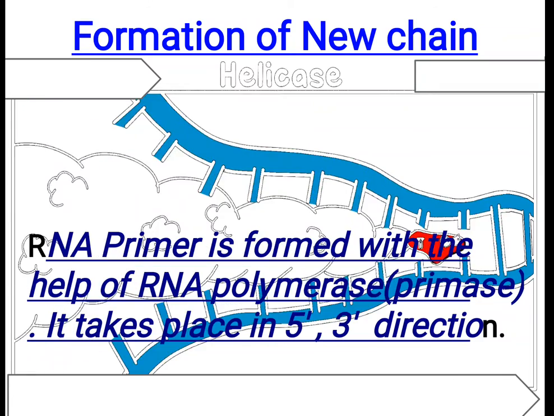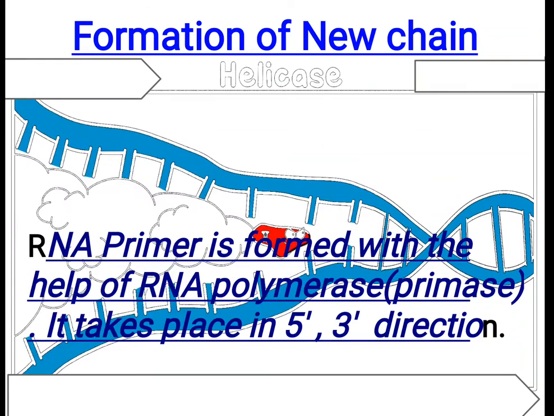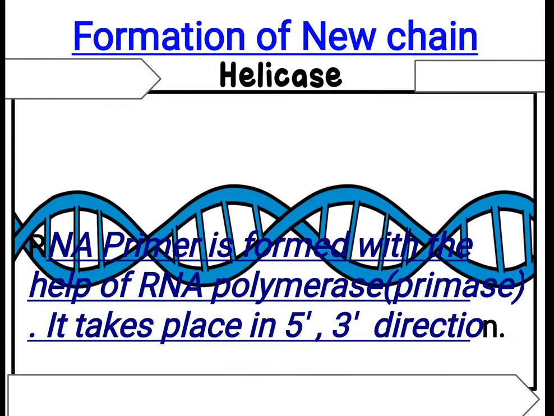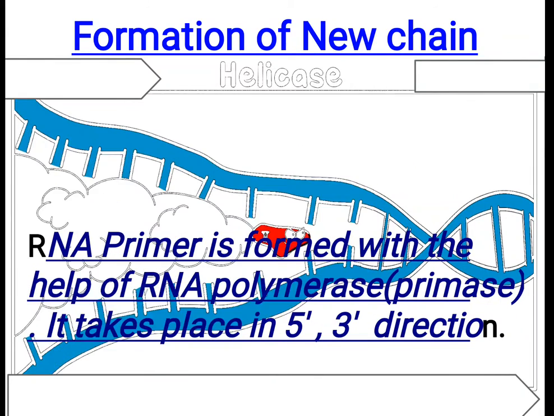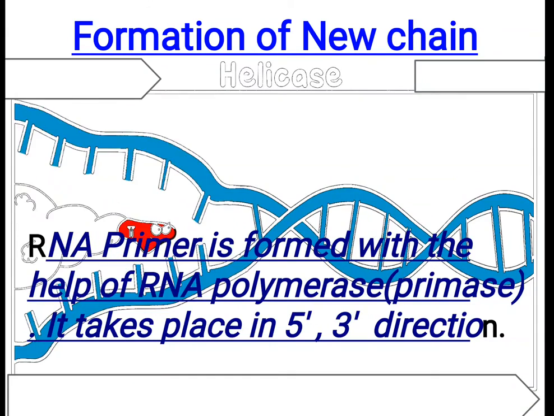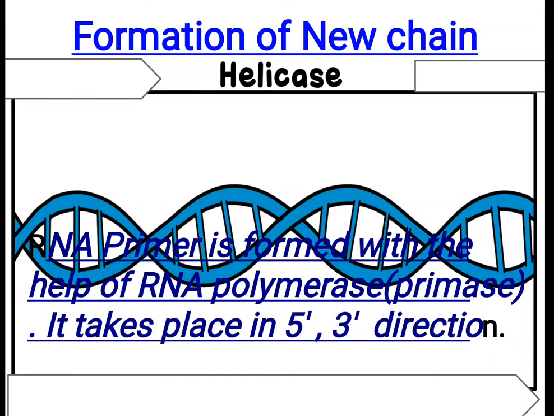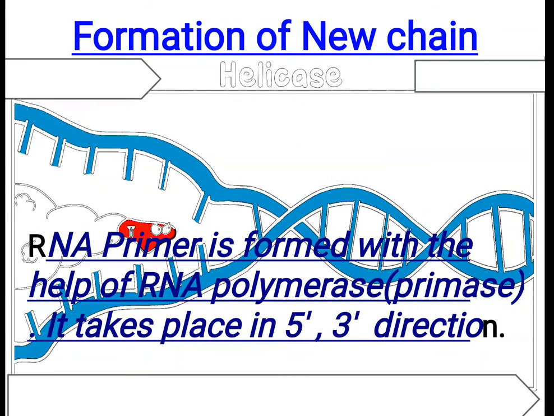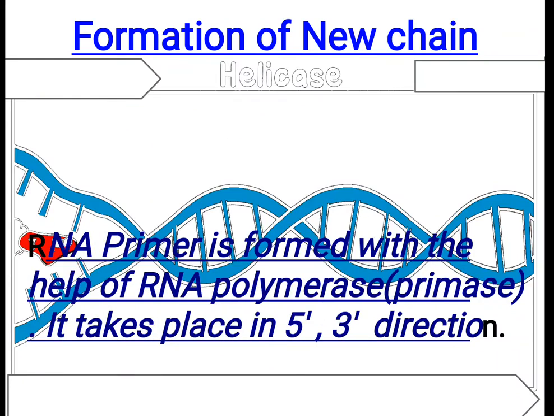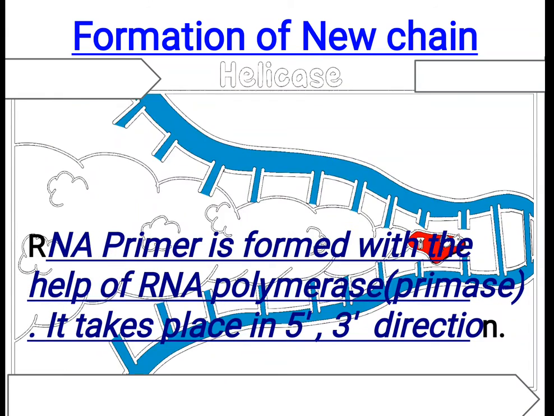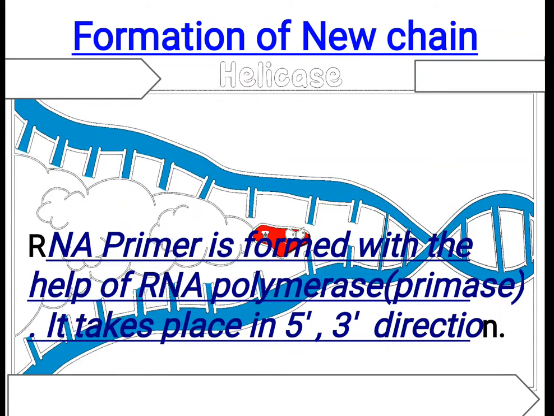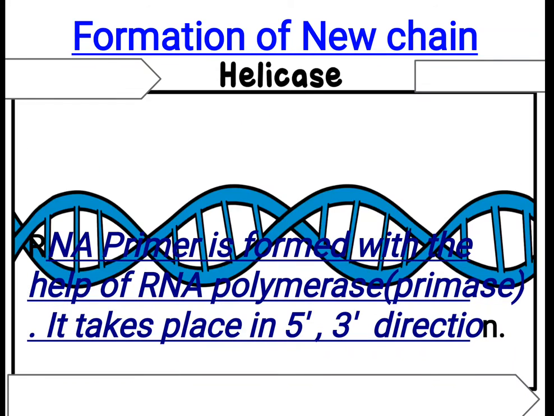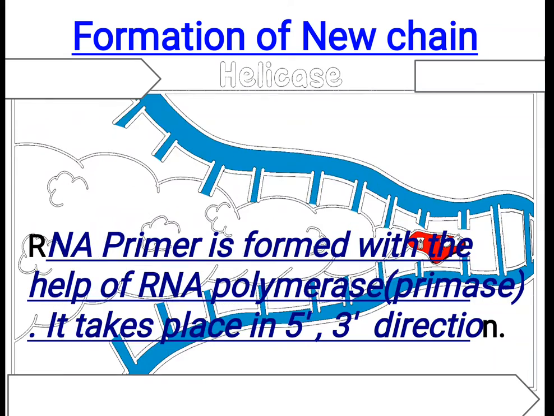Once the replication fork has been formed, then what happens? To start the synthesis of the new chain, a special type of RNA is required, which is called the RNA primer. Now you can see in this figure, unzipping has occurred and a primer is released at the point where the replication fork is formed.